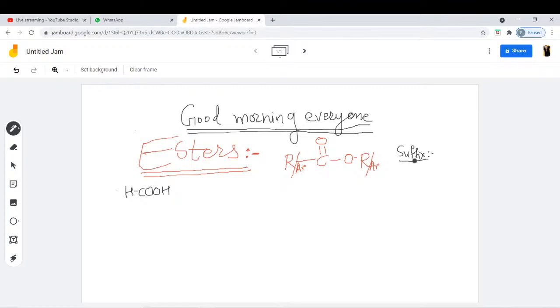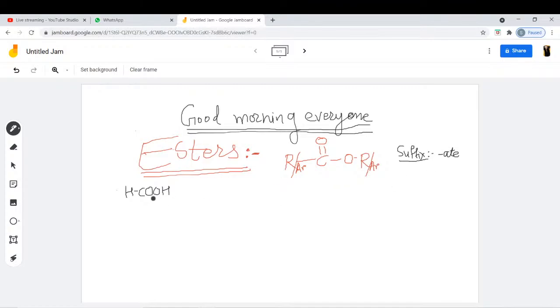Suffix means those letters attached at the end of a word. Prefix means before the word, like di, tri, tetra, and suffix means letters after the end of the word, like OH in alcohol, ANE in alkane, ENE in alkene, YNE in alkyne. For esters the suffix is ATE.